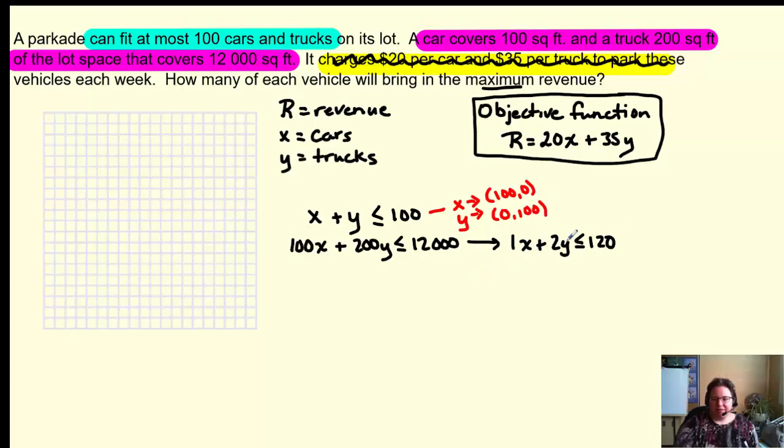Down here, if I set y equal to 0, x is 120. And if I set my x equal to 0 to get my y-intercept, y is going to be 60.